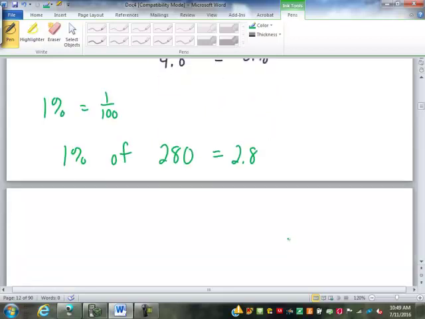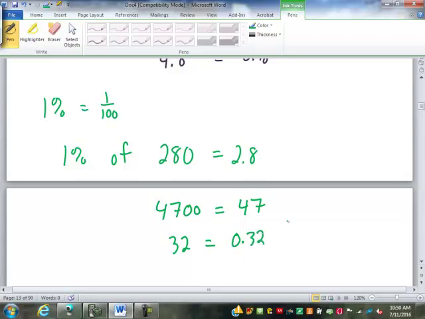Good. 1% of 4,700 would be 47, right? 1% of 32 would be 0.32.